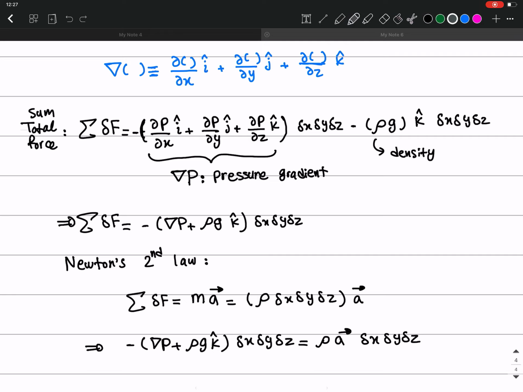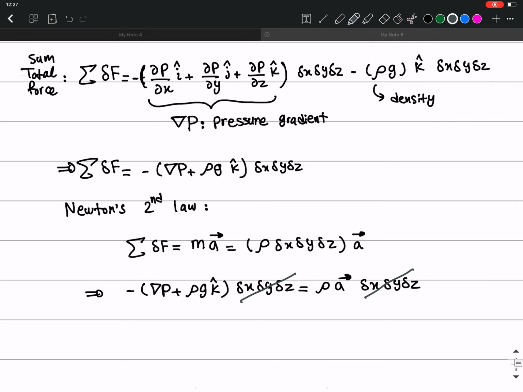So now you see that these two volumes on both sides of the equation cancel out. So I am left with this formula in a fluid element. That is minus grad P, the pressure gradient, minus rho g k equals the density of the fluid times a, or acceleration.